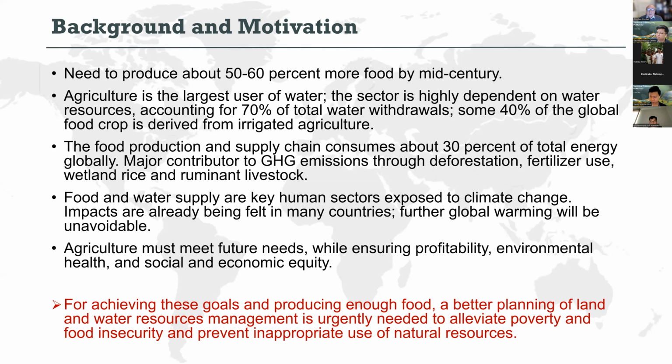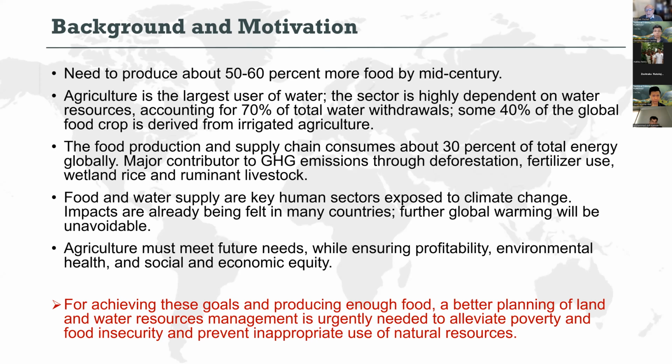As far as climate change is concerned, food and agriculture are both a very exposed and affected sector, as also a contributor. The food production and supply chain consumes about 30% of total energy globally. It is a major contributor to greenhouse gas emissions through deforestation, fertilizer use, wetland rice production, and ruminant livestock.